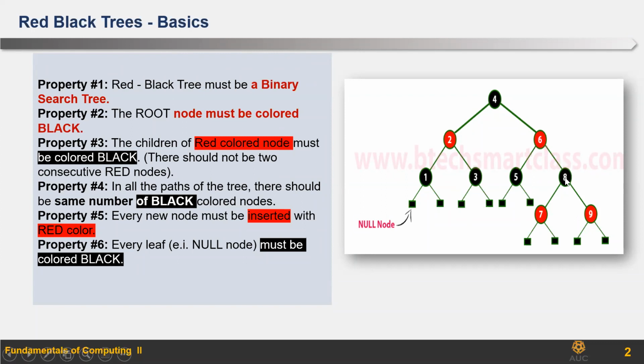I cannot have 8 as red, etc. Final thing with the red black tree is that when I insert a node into the red black tree, it is always red.